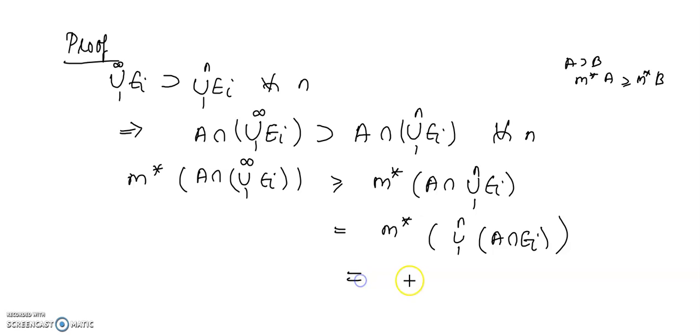Now this will be equal to summation 1 to n m star of A intersection Ei. Now this is true for all n. So therefore this must also hold when n tends to infinity.